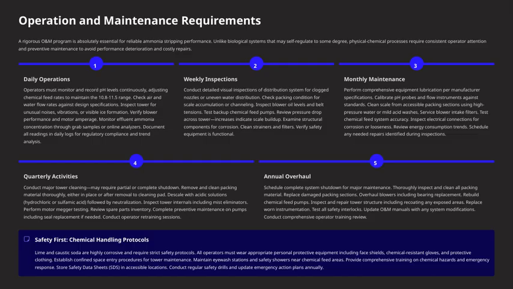Operators need to monitor pH levels continuously and record these readings, adjusting chemical feed rates to keep pH within the optimal range of 10.8 to 11.5. It's also important to check air and water flow rates against the design specifications, as deviations can impact efficiency. During daily inspections, look out for unusual noises, vibrations, or visible ice formation in the tower.